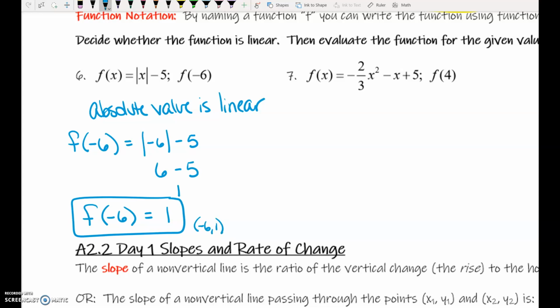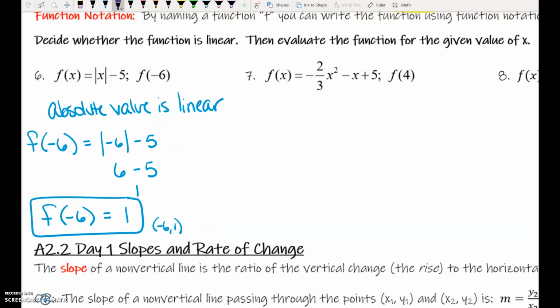It's a label that tells you a lot more information than just y equals 1. If you tell me y equals 1, it's like, are you talking about a horizontal line? Are you talking about the answer? What did you plug in to get that? It just doesn't have a ton of information. So function notation gives us more info.